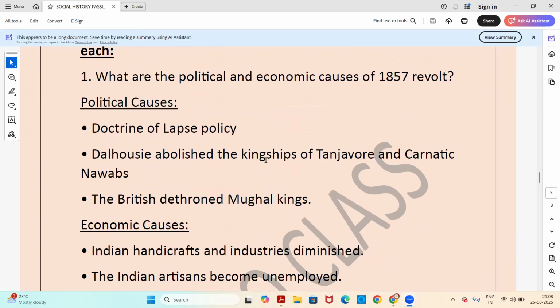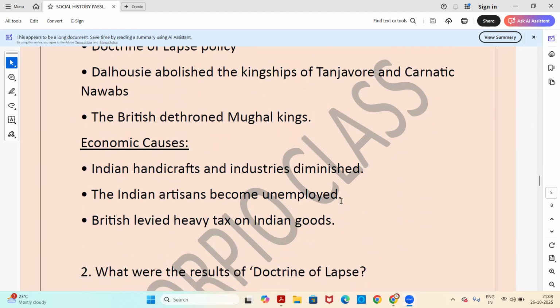Dalhousie abolished the kingship of Travancore and Carnatic Nawabs. The British dethroned Mughal kings. Next, economic causes. Indian handicrafts and industries diminished. The Indian artisans became unemployed. British levied heavy tax on Indian goods. So these were the economic causes.